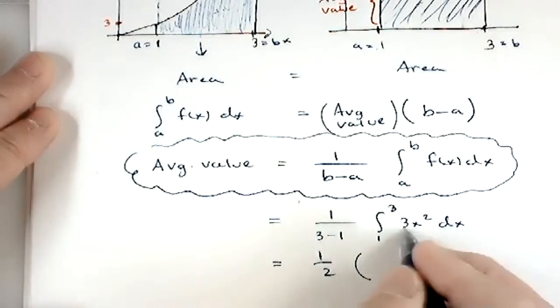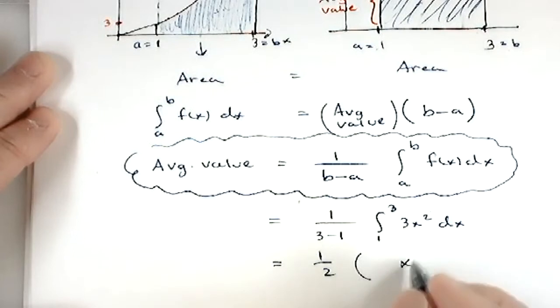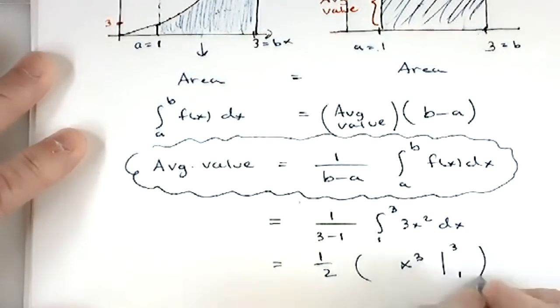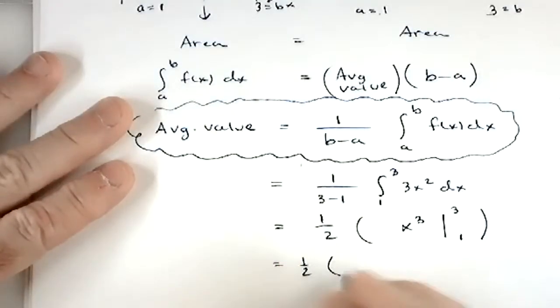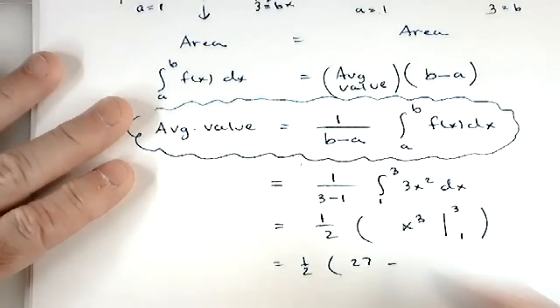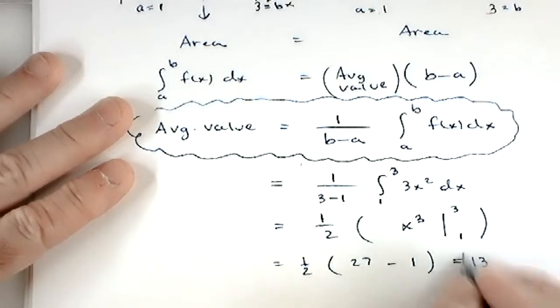My antiderivative of 3x squared is 3x cubed over 3, so that's just x cubed. I end up with 1/2 times 3 cubed, which is 27, minus 1 cubed, which is 1. 27 minus 1 is 26. Half of 26 is 13.